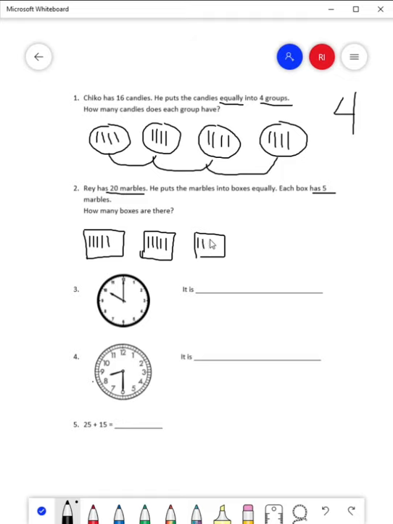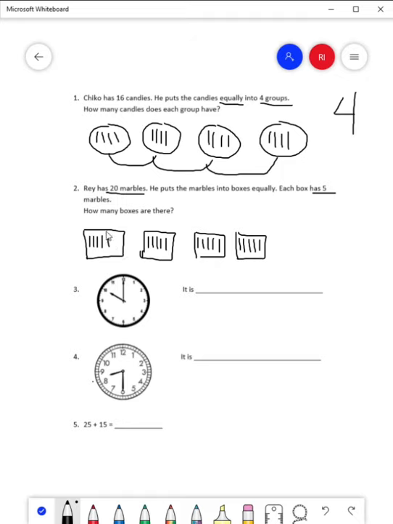11 12 13 14 15. 16 17 18 19 20. Already 20. And each box has 5 marbles now.